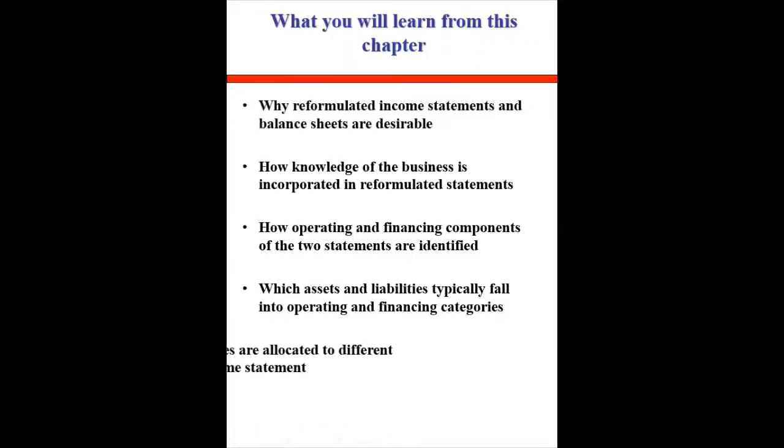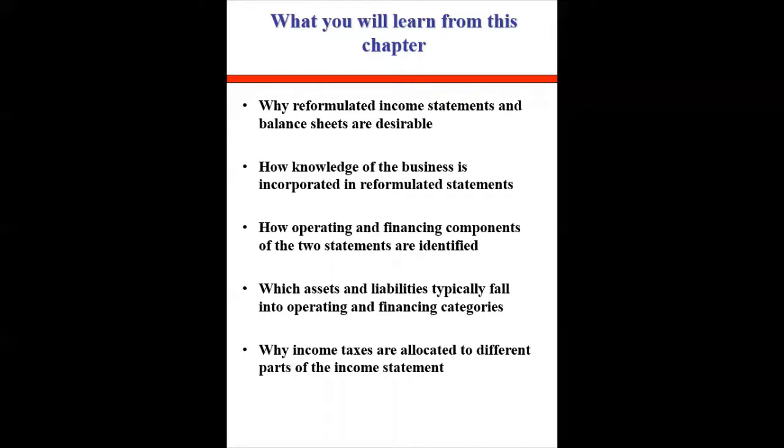So these are the things we would like to know from this content: why the reformulation is desirable, how the knowledge of business is incorporated in the reformulated statement, and how operating and financing components of the financial statements are identified.